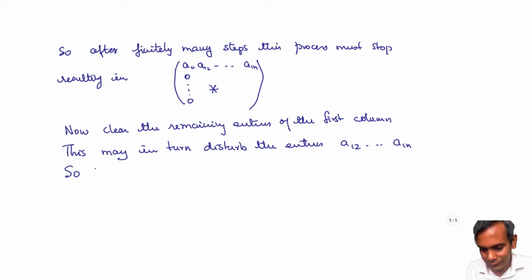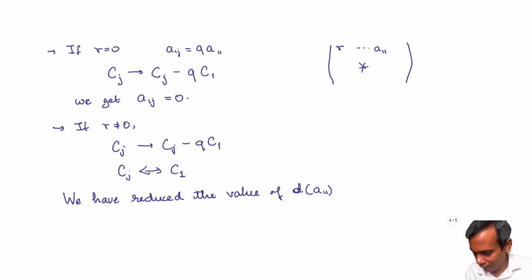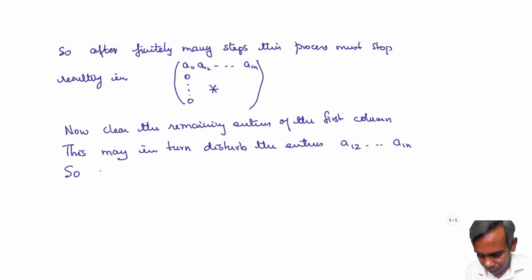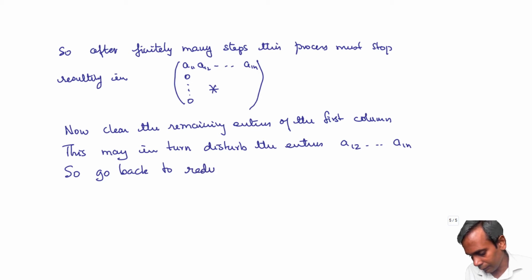So then go back to, let's call this step something, go back to reducing the entries of the first row to 0.